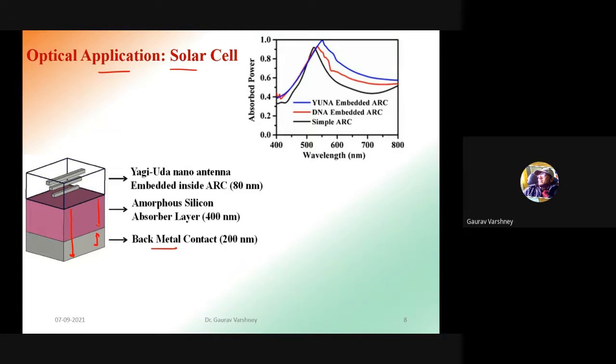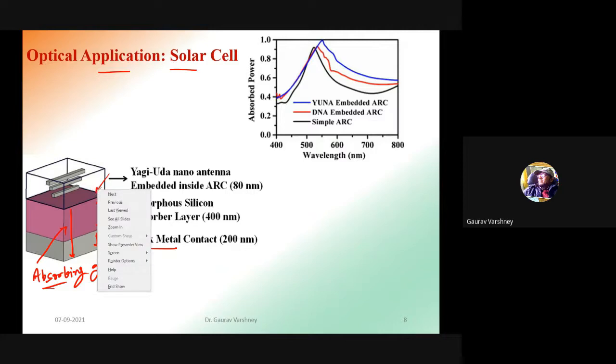This is silicon, the main absorbing geometry. Absorbing geometry means the main structure which is utilized to confine the incident electromagnetic spectrum on this absorbing unit.